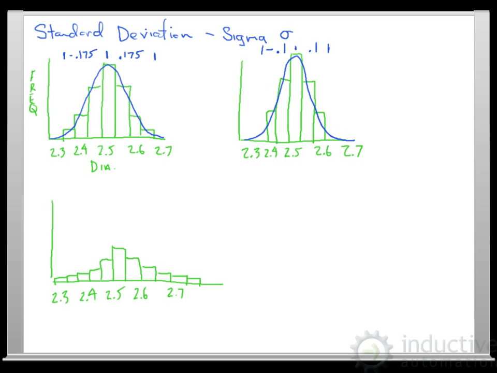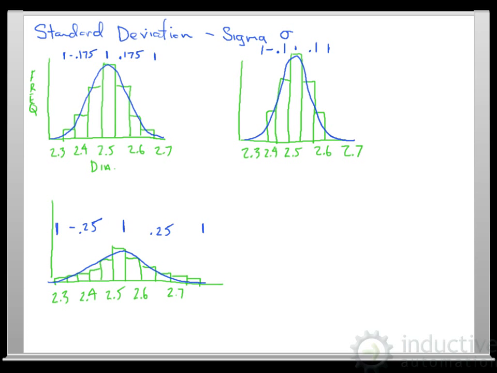And if we take a look at that bell curve, it looks something more like this. And we can see that from here out, we're about 0.25, let's say, and this way we'll call it the same, minus 0.25. So our normal is that 0.175. In tighter, we get 0.1 deviation. Here we're getting 0.25.